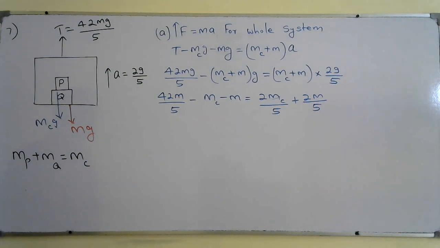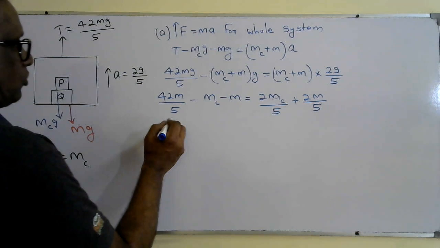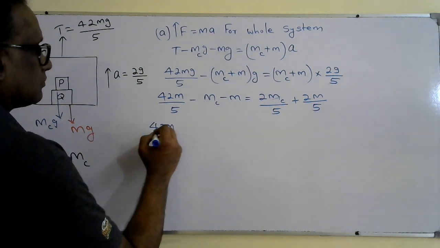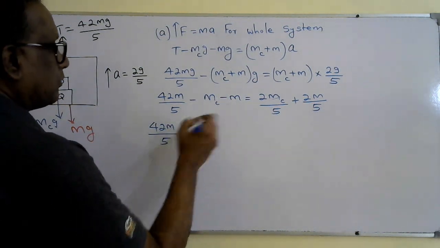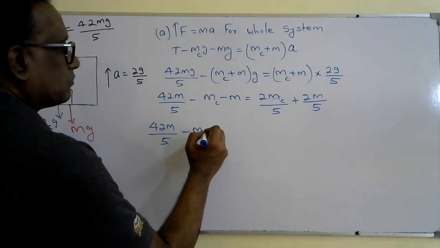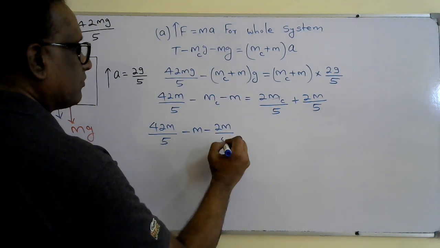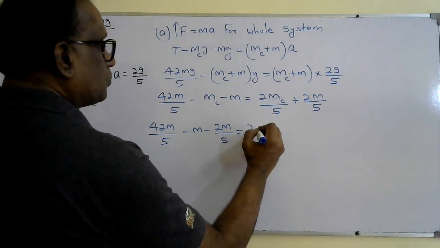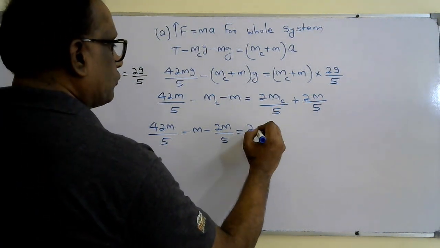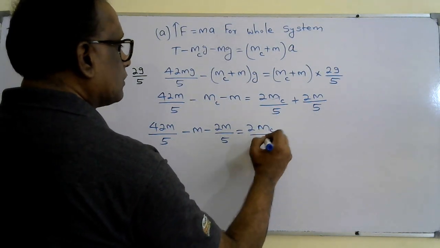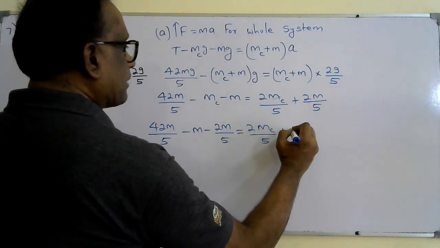I need to find Mc in terms of M, so rearrange it. That will become 42M over 5 minus M minus 2M over 5 is equal to 2Mc over 5 plus Mc.